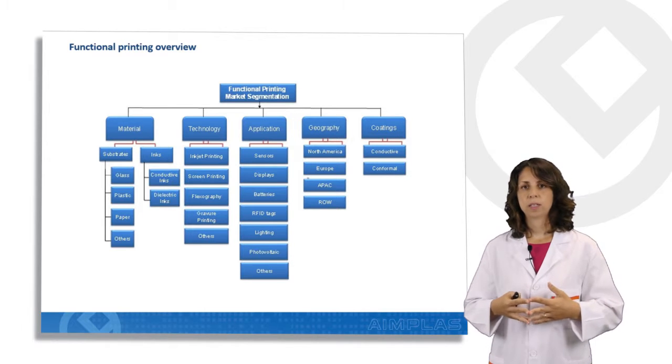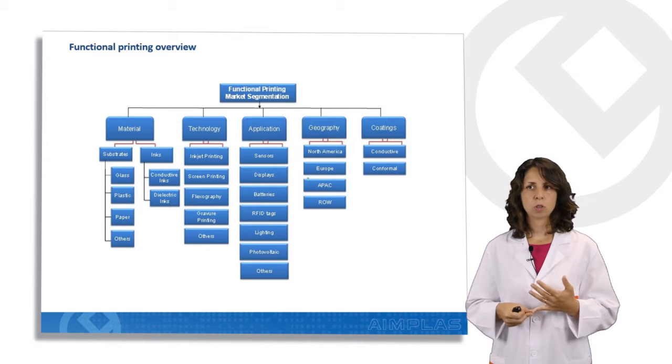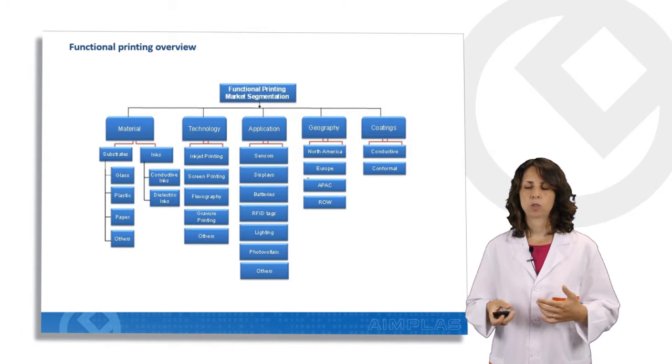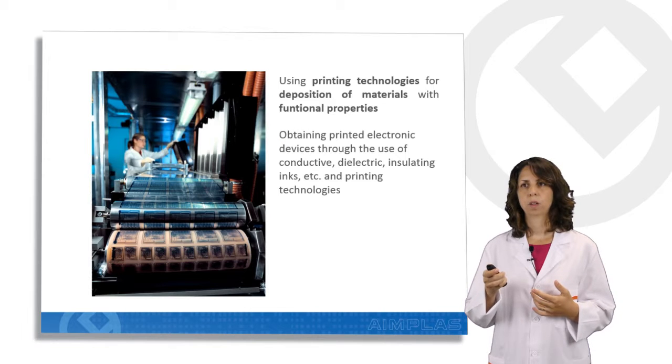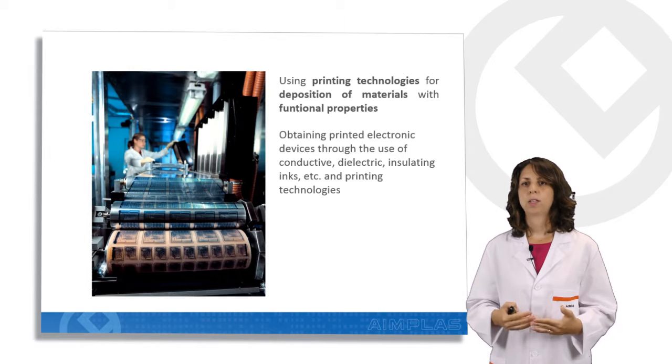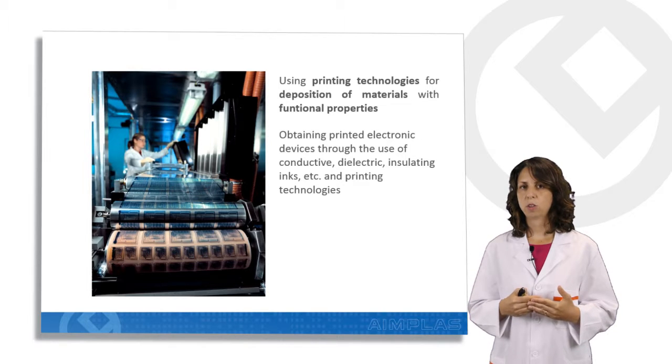And we can print different devices, sensors, displays, batteries, RFID tags, and so on. The question is to use these conventional printing technologies to print functional materials and functional inks into the pharmaceutical packaging.